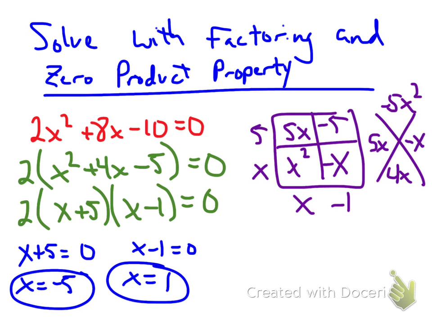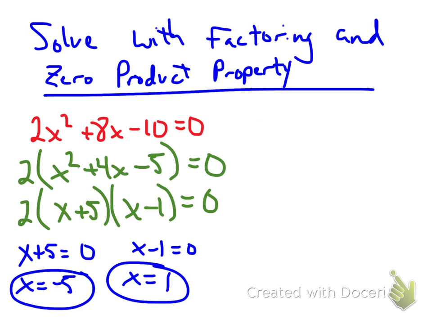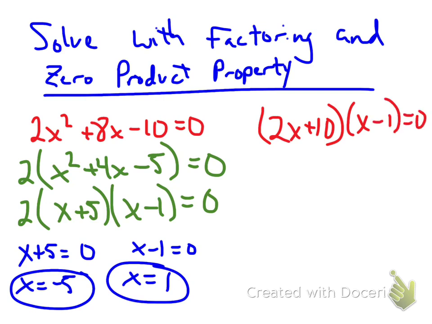So if you go through and factor this one without taking out your greatest common factor, you have 2 possibilities. You will either get 2x plus 10 times x minus 1 equals 0.